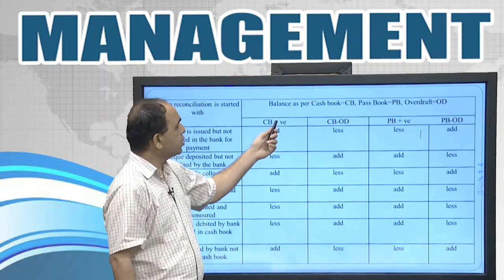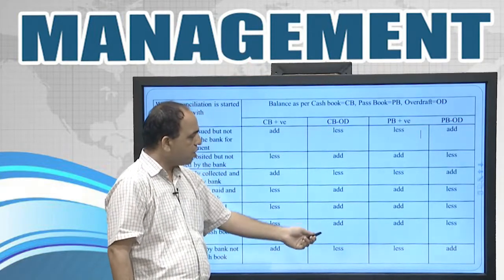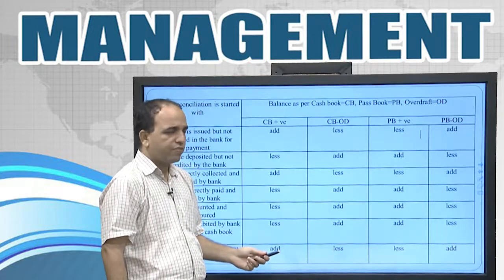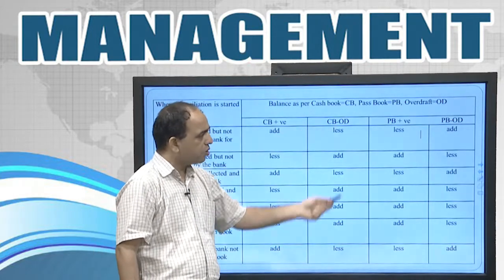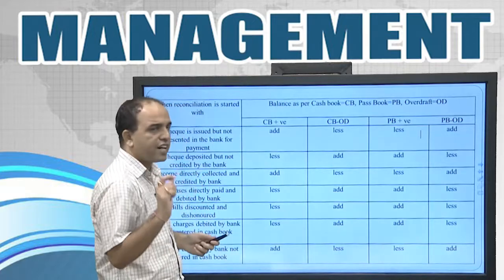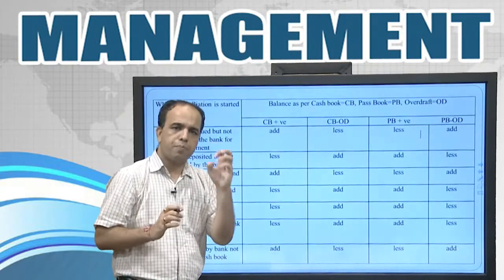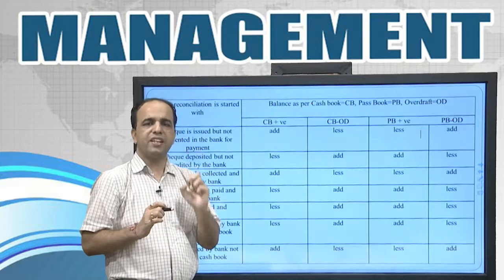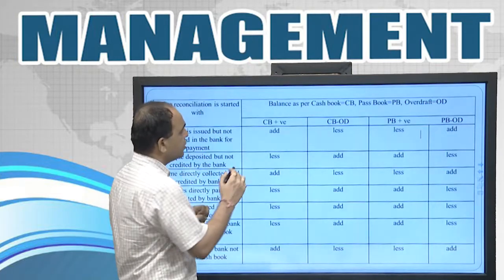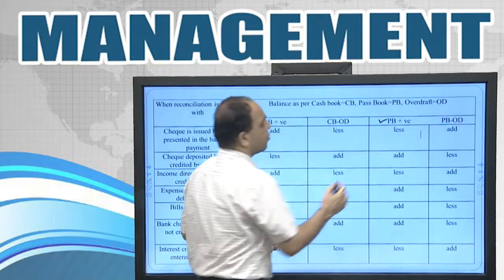Cash book has a positive effect, cash book overdraft has the reverse effect, passbook has a positive effect, and passbook overdraft has the reverse effect. All these transactions are summarized, but when you are preparing a bank reconciliation statement, friends, you should focus on the cash book positive and passbook positive side.